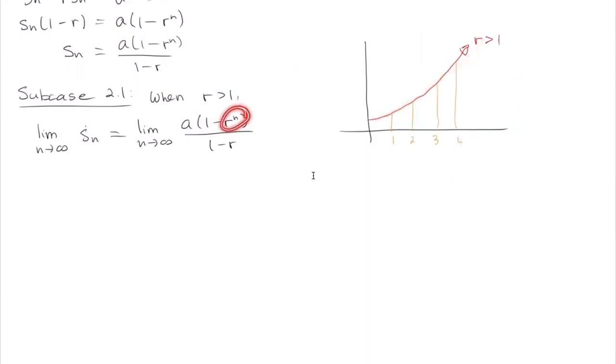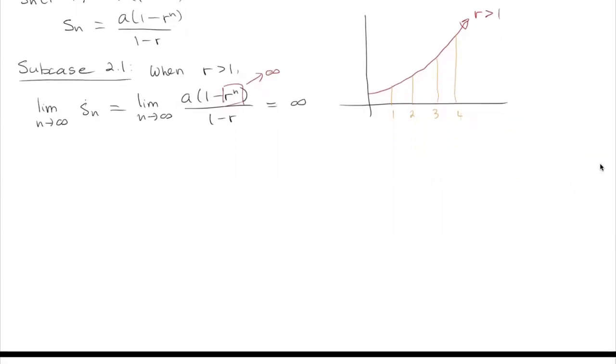So that means this term also goes to infinity as well. So because this term goes to infinity, that means the entire series is also going to go to infinity. So that means the series diverges when r is equal to 1, or r is greater than 1.